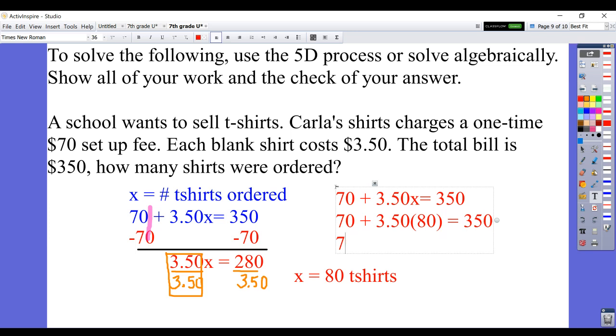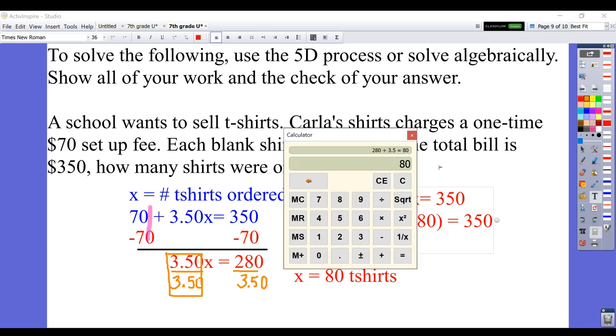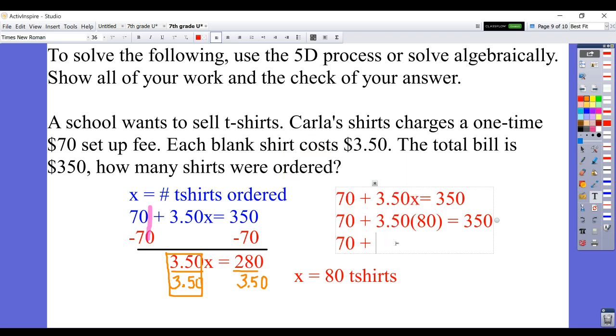And then I'm going to put the 350 times 80, $3.50 times 80, into my calculator, which is 280. And it looks like that will work because 350 will equal 350. That's my check.